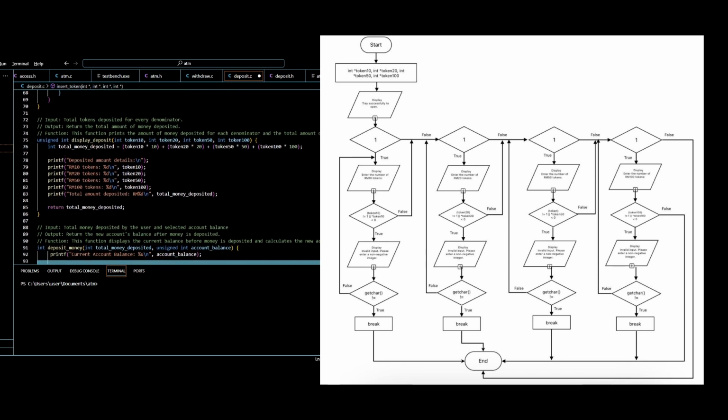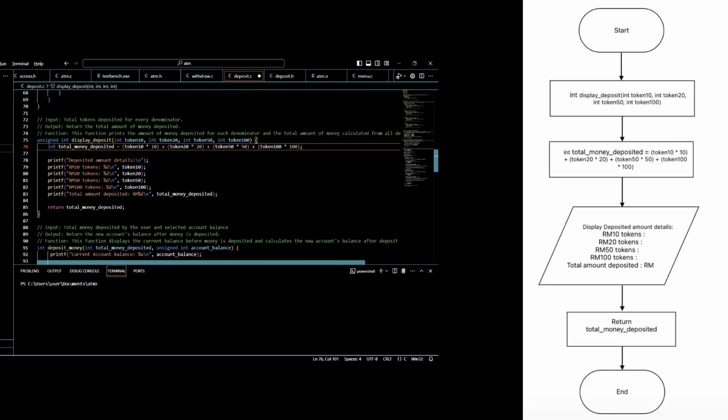And last one, repeat for the other denominations such as RM20, 50 and 100 tokens. For the display deposit function, int total money deposit equals token 10 times 10 plus token 20 times 20 plus token 50 times 50 plus token 100 times 100.